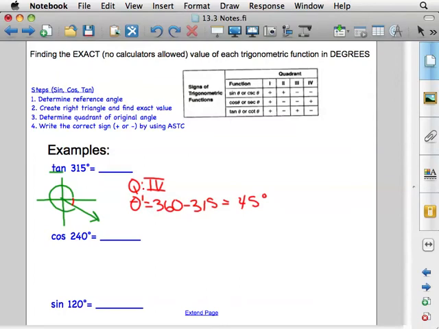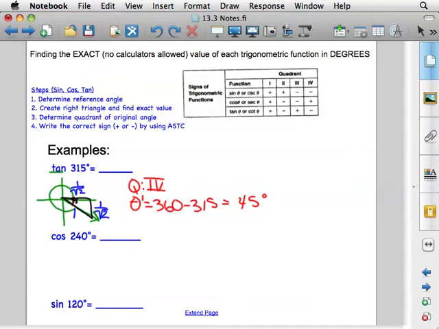So now what you have is a right triangle that you can create. We know that our reference angle is 45, so we have our special triangle. Remember, our hypotenuse is always 1. If our hypotenuse is 1, what are our two legs, our x and y values? Well, it would be 1 over the square root of 2 for both.